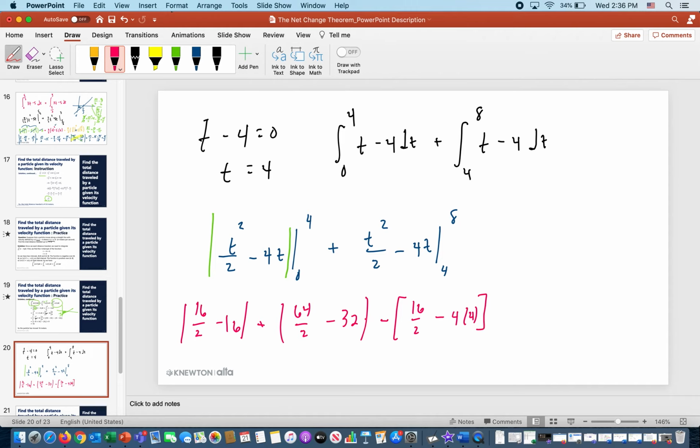Okay, so the subtraction sign is going to have to be distributed. This is essentially what we're saying. 16 over 2 is 8, and 8 minus 16 is negative 8, right? So all of that is negative 8, but the absolute value of negative 8 is 8. This is going to turn into 0, right? Because 64 over 2 is 32, so that's 0. Minus 8 plus 16. So the total distance traveled is just going to be 16.